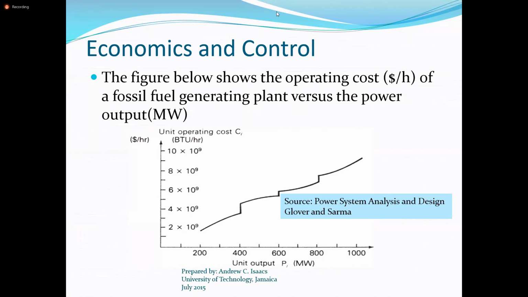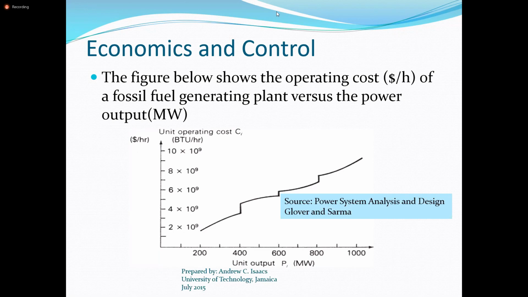All right, so today we want to look at the dispatch of generation based on economic operation. All right, and we're going to be looking at what we refer to generally as economic dispatch.